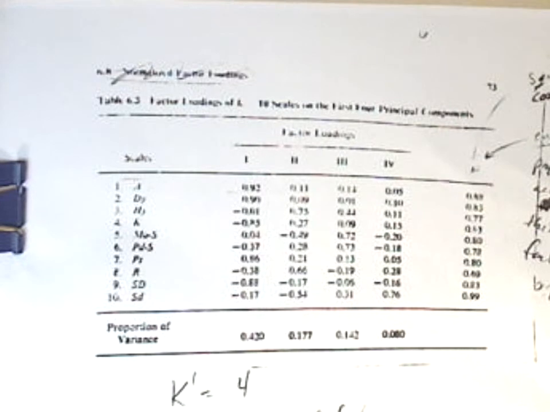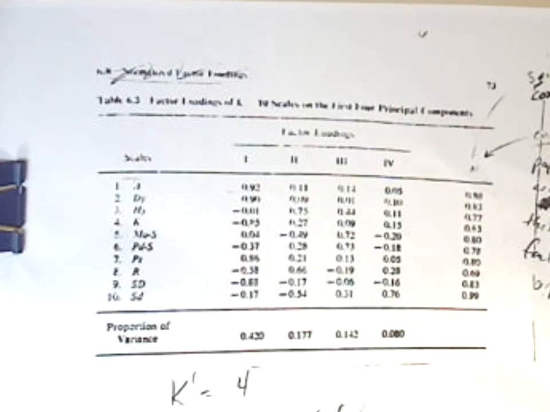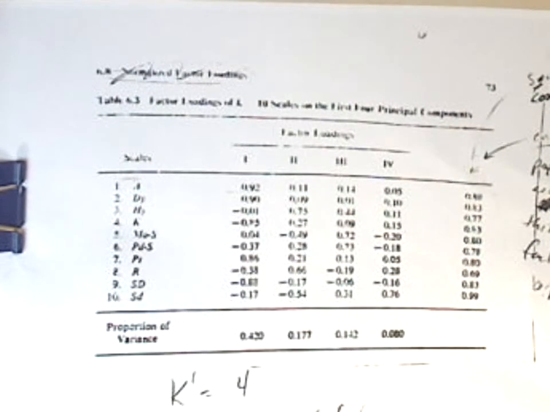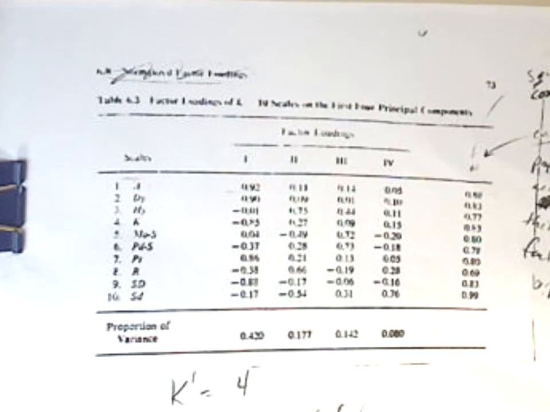The only difference in 6.2 and 6.3 is the inclusion of the communalities and the exclusion of factors 5 through 10. To repeat, the communalities are a representation of how much scale or item variance is accounted for by the subset of factors. For example, 0.92 squared all the way through to 0.05 squared equals 0.88. So essentially 88% of the variance is accounted for by those 4 factors.